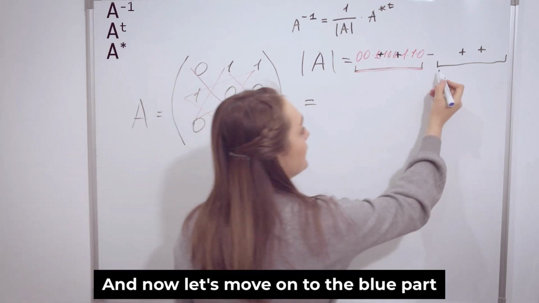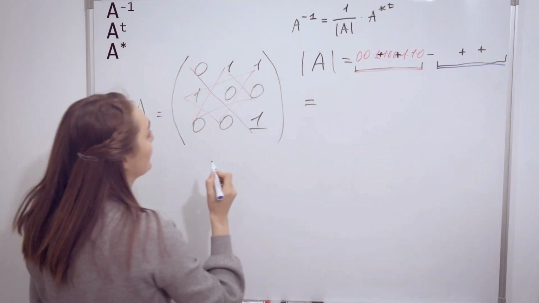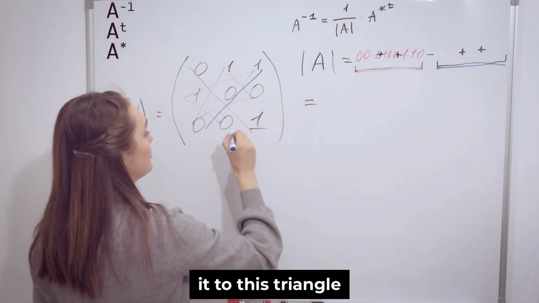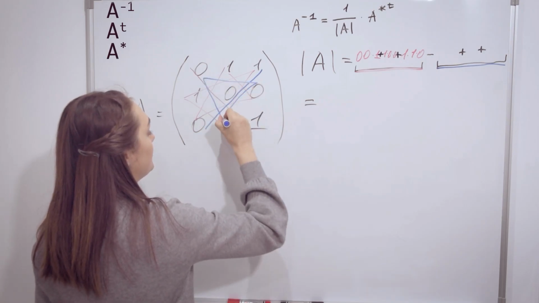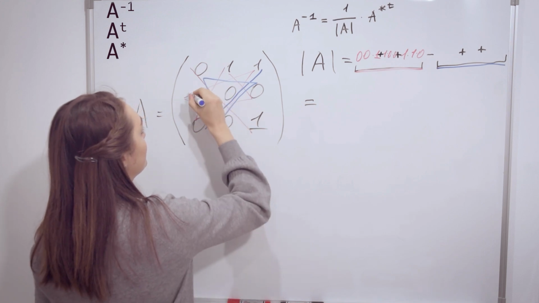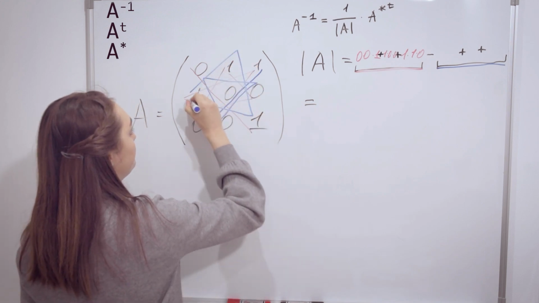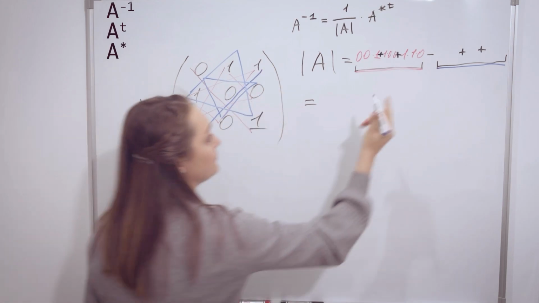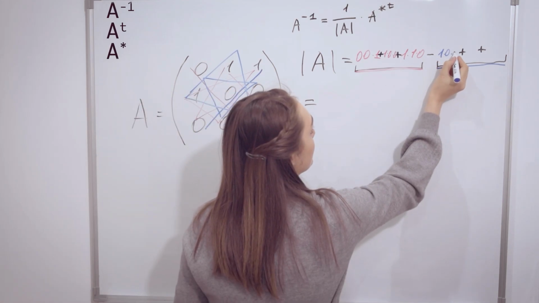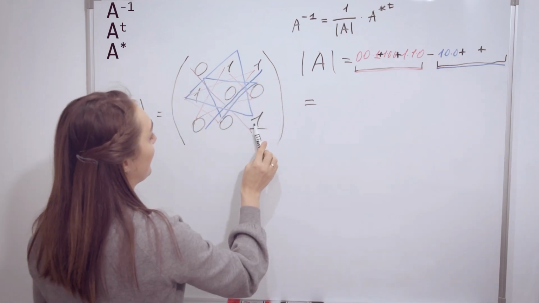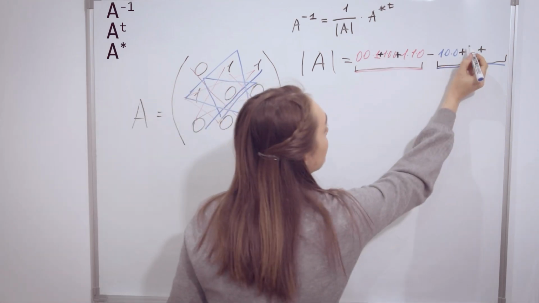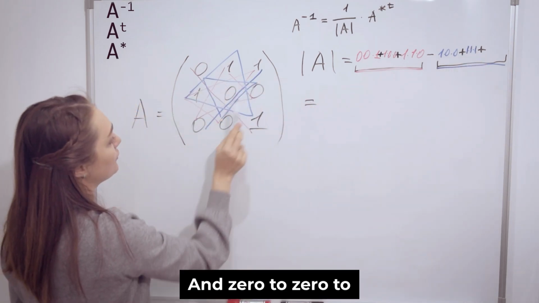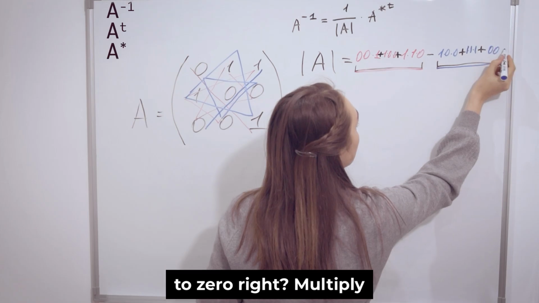And now let's move on to the blue part. We need to multiply this, add it to this triangle and add it to this triangle. So here's this line. 1 by 0 by 0, 1 by 0 by 0, 1 by 1, 1 by 1, and 0 by 0 by 0.